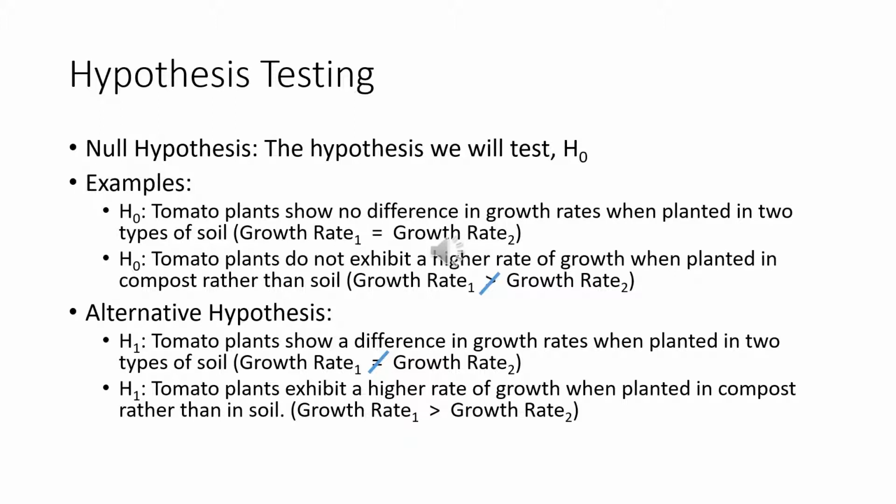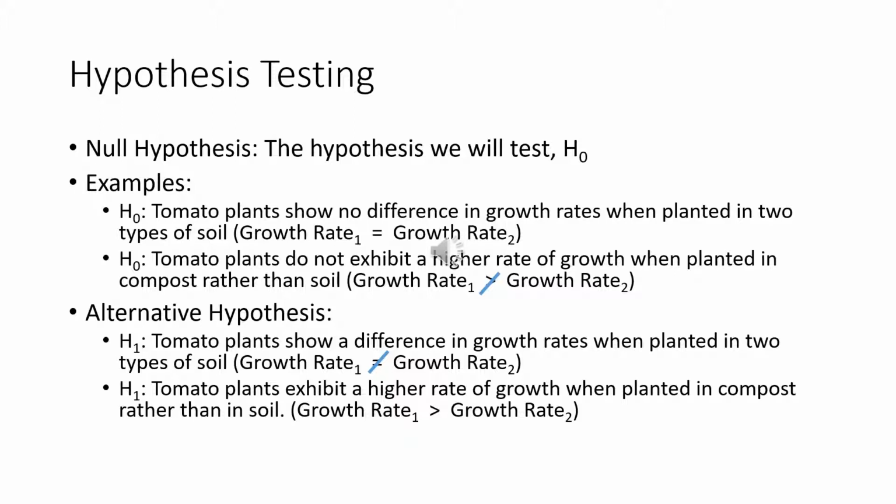So the growth rate of one tomato is equal to the growth rate of another, even though they're in different soils. Another one, if we've got a one-tailed test: tomato plants do not exhibit a higher rate of growth when planted in compost rather than soil. So I'm saying that the growth rate of the compost one is not greater than the growth rate of the one in soil. Those are two null hypotheses.